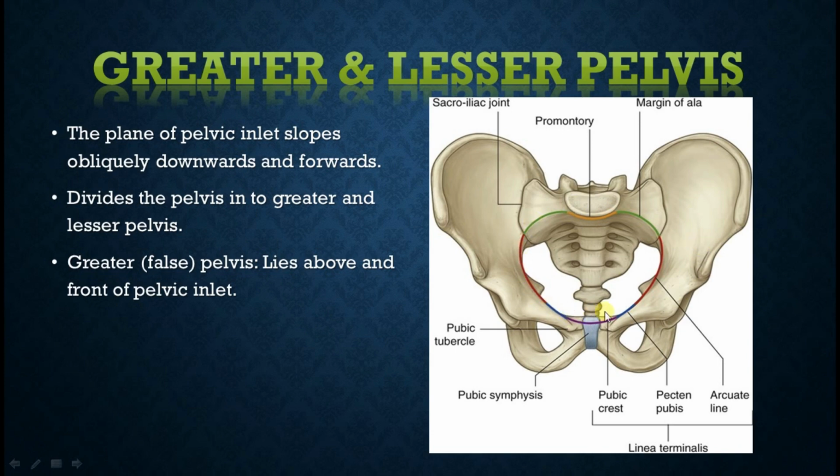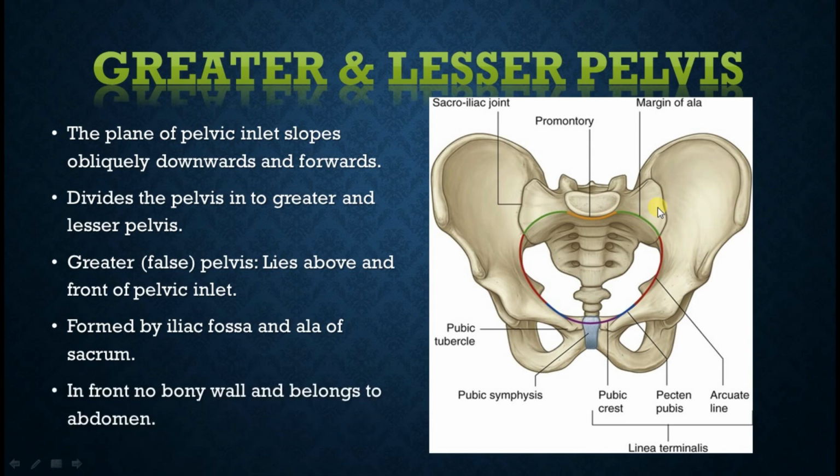So the greater or false pelvis lies above and in front of the pelvic inlet, mainly formed by the iliac fossa and the upper surface of the lateral mass of the sacrum, which is called the ala of the sacrum.